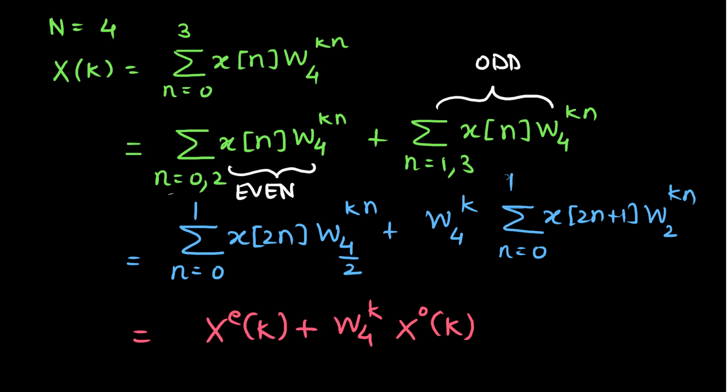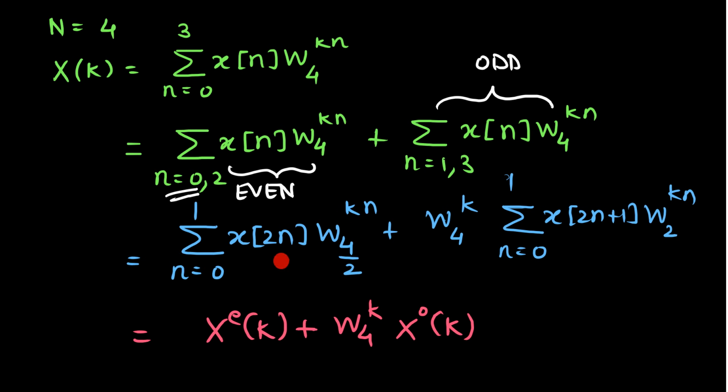So we consider the value of n as 0 and 2 here, and n as 1 and 3 here, and we can represent it by substituting n with 2n as we are considering the even part. So it is summation n running from 0 to 1 x of 2n W of n by 2, so it would be 4 by 2, to the power kn, plus W4 to the power k into summation n running from 0 to n by 2 minus 1, so it would be 2 minus 1, that is 1, x of 2n into W2 to the power kn.